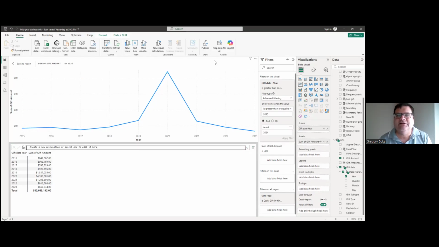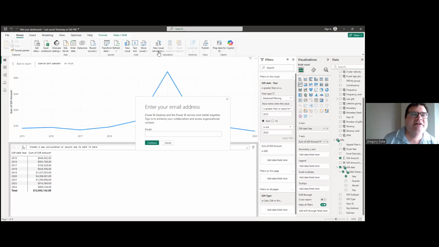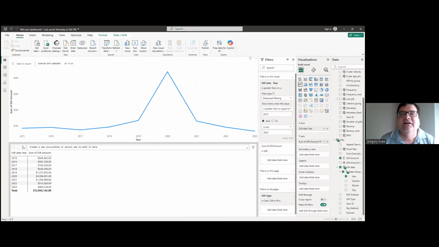You can put in Copilot data. If I can find it here. I was looking at this yesterday. You can do insights by Copilot. I don't want to show that.